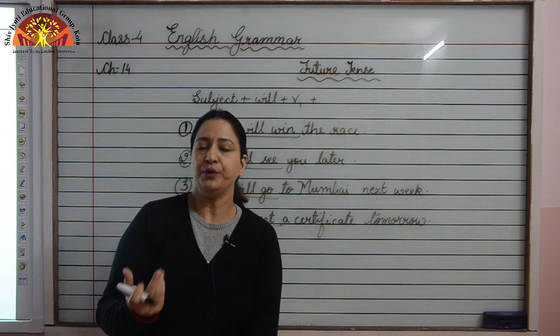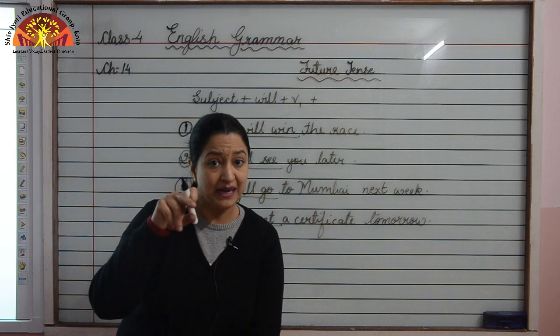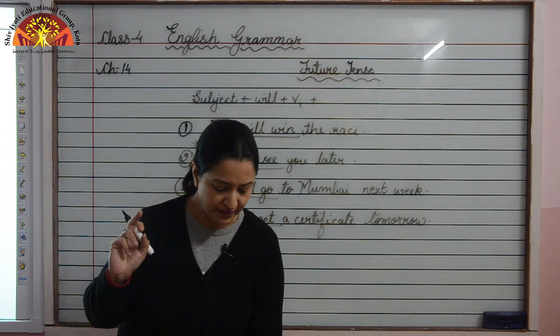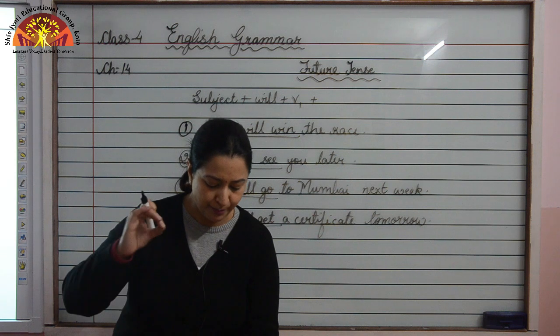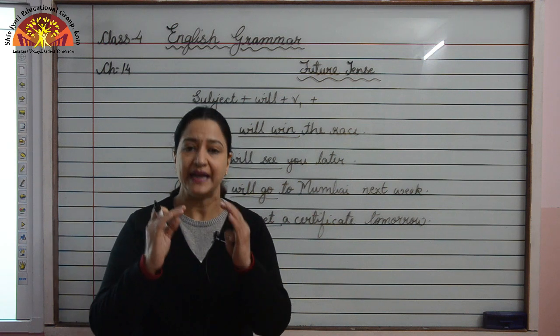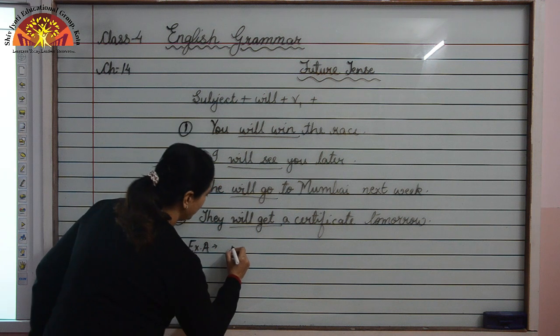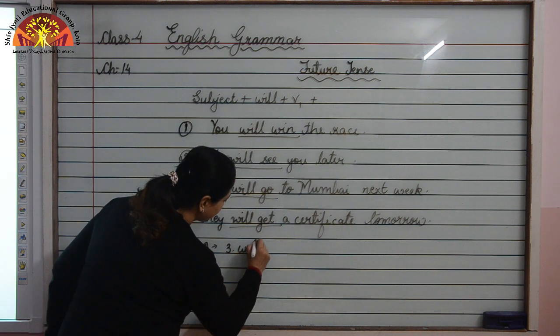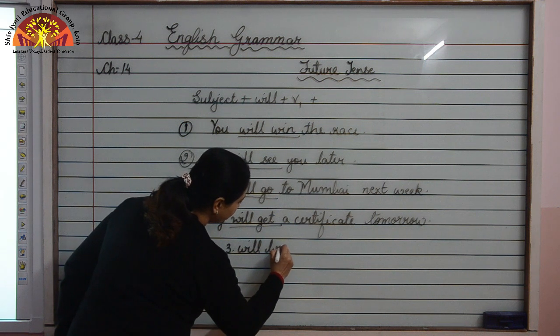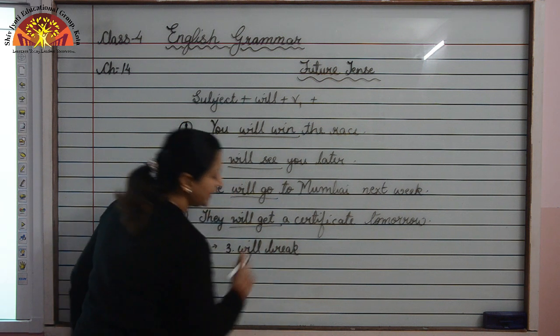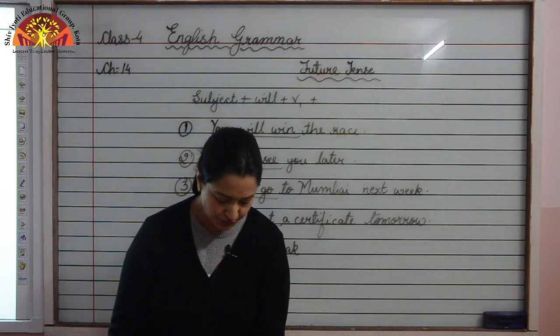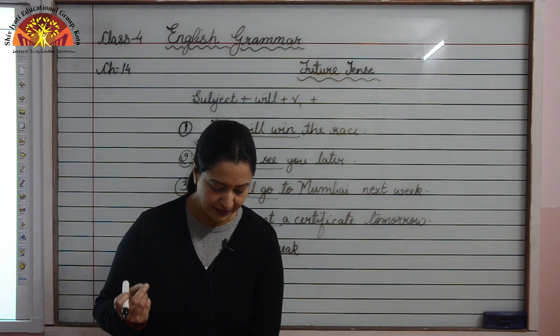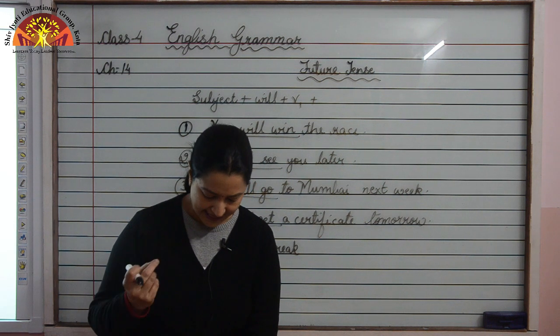So what we will do? We will add will to break. So it will become the table will break if you sit on it. Okay, so number 3, will break.